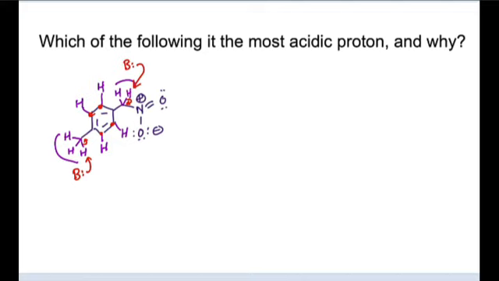So I do recommend that you draw this out and convince yourselves that it's true, but this is the most stable possible conjugate base that you could form. And therefore, these are the most acidic protons, and I'll go ahead and highlight them in green.